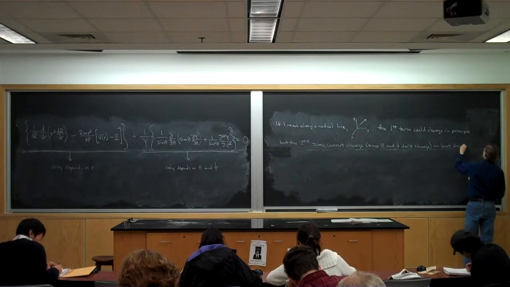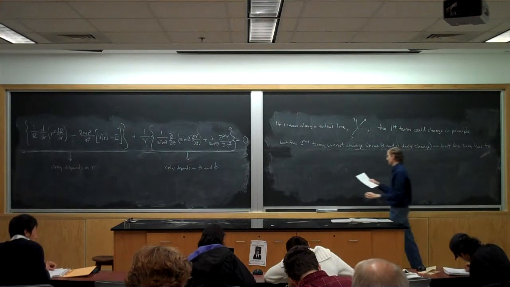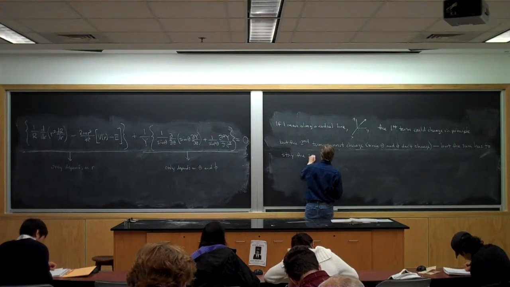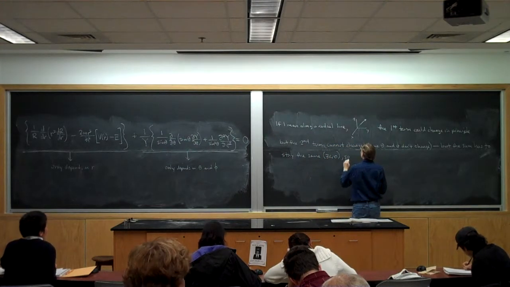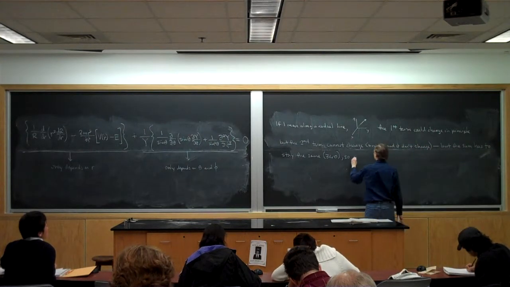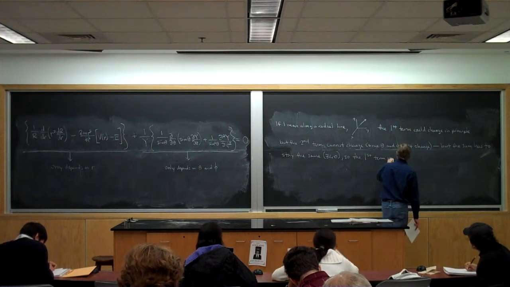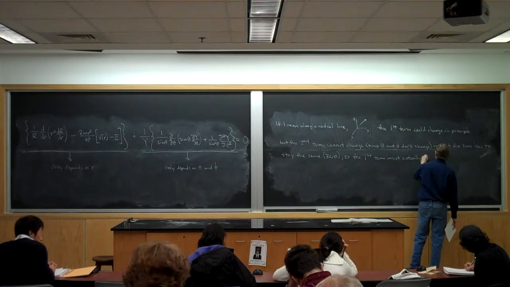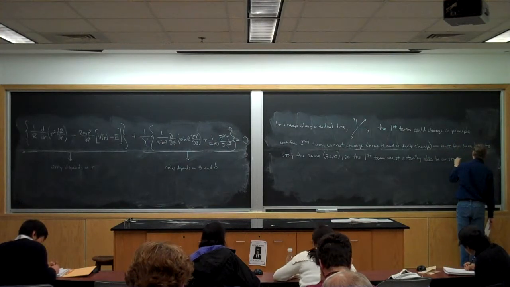But the sum has to stay constant, namely it has to stay 0. The sum has to stay the same, namely 0. So the first term actually has to be constant too. The first term must actually also be constant along my radial line.